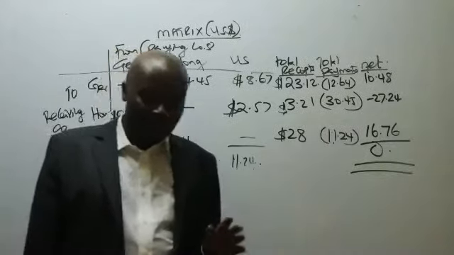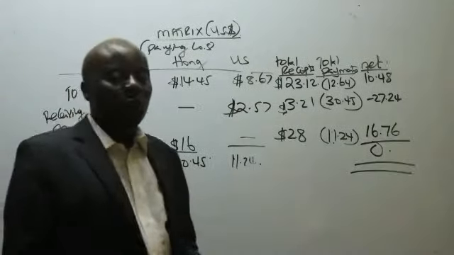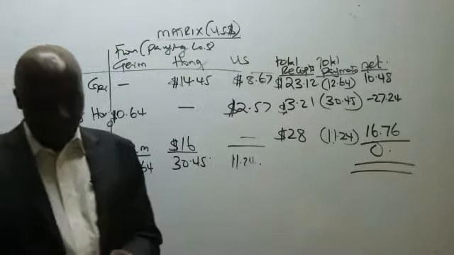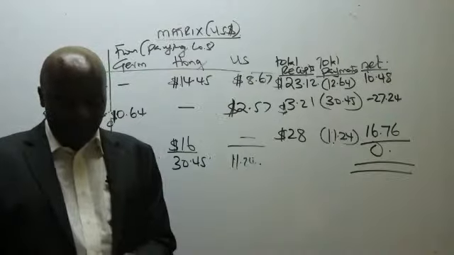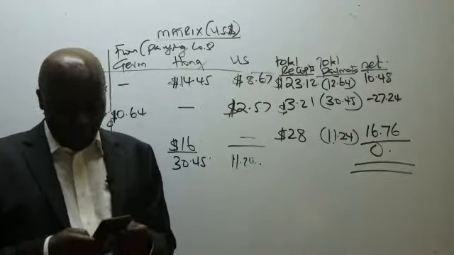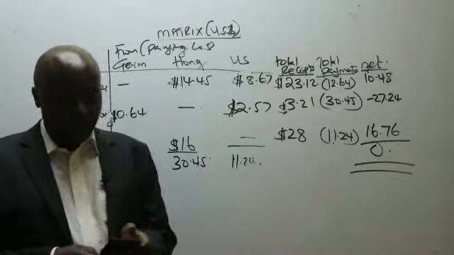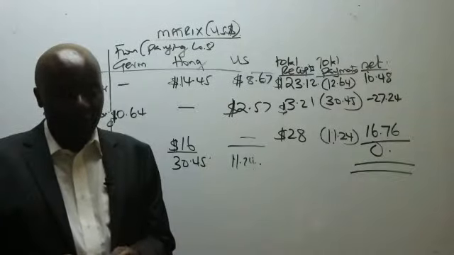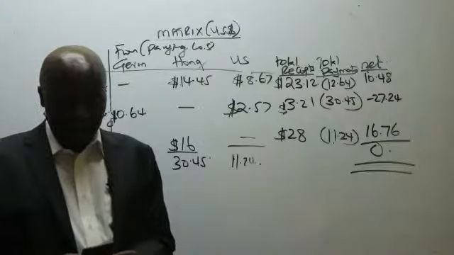Sasa nataka mnifanyie favor. Lakini ningetaka tufanye one serious past paper question, ya ACCA. As I told you, haijailetwa kwa CPA. It has never been brought to CPA. So, ladies and gentlemen, let's check from the ACCA. We see how far.